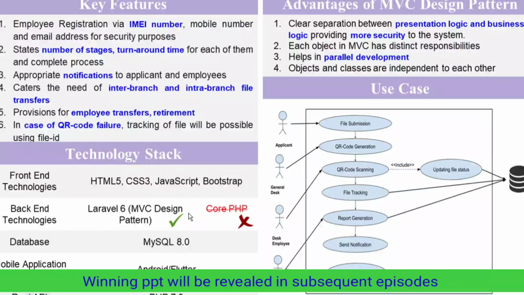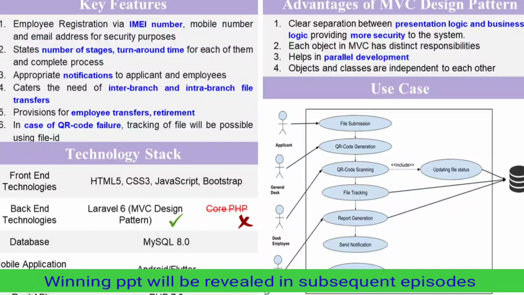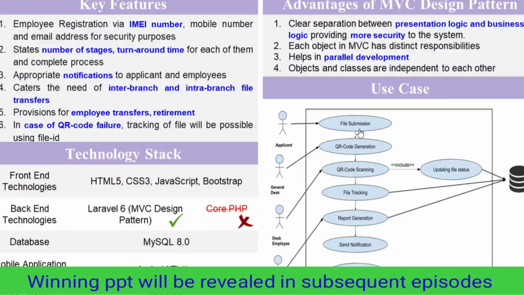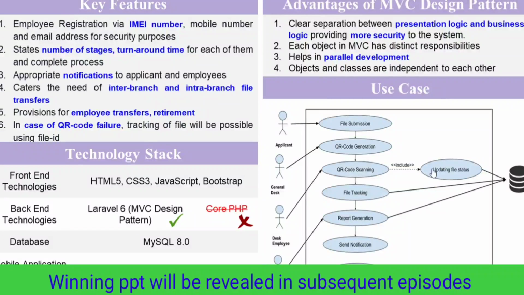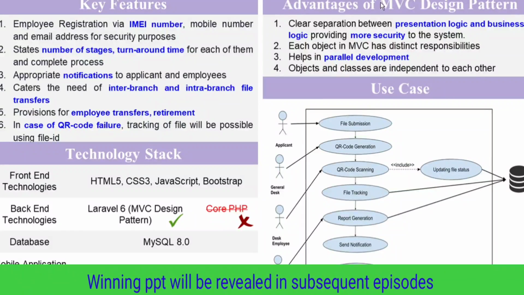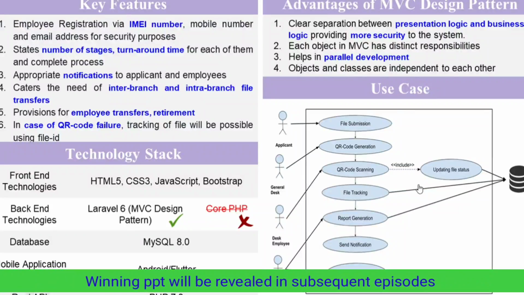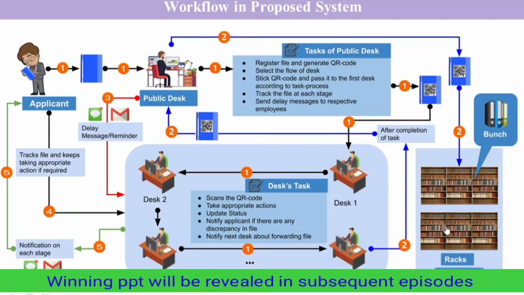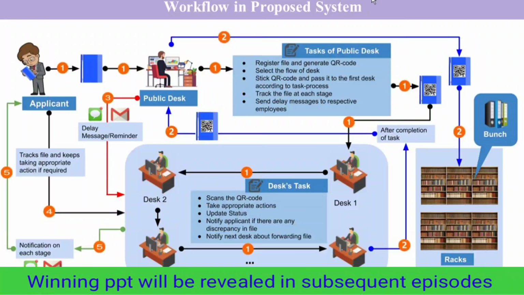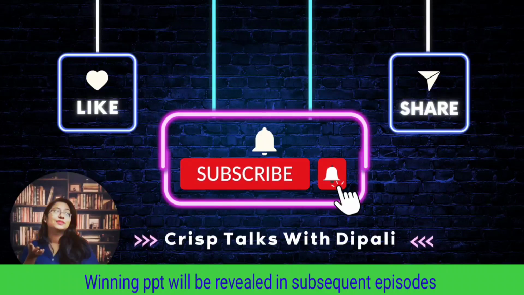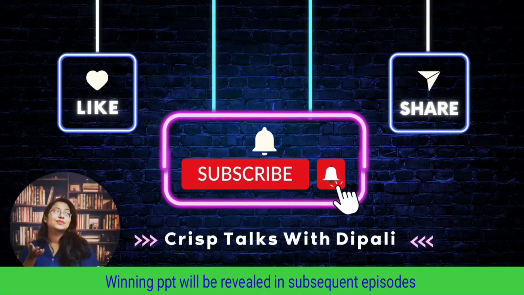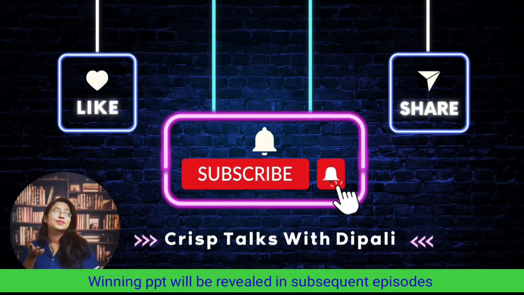So this is for one of the problem statements, that is a file tracking management system. So this is the use case. There is a process, you have to understand the functionalities and then draw. You can see over here the technology stack: front end, back end, the database, the mobile technology. This is just for your understanding. Okay, and this was the proposed workflow. So this is an example of what we have done.